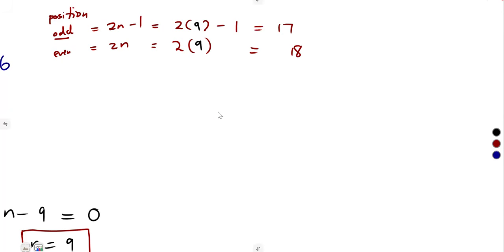We are saying, therefore, T17 and T18 from that original sequence are the terms that will be equal. So we are simply saying these are the terms that are equal in value.